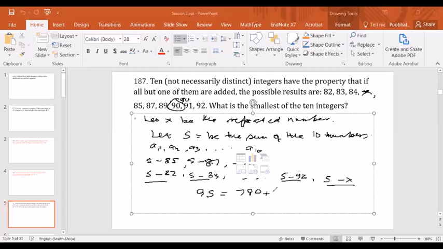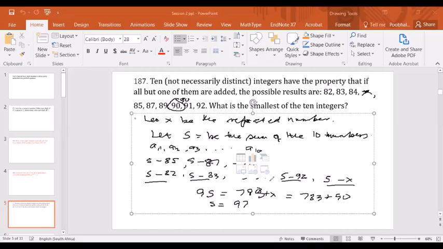I think that's what we had earlier on. And now x is 90. We found out what x was. So now S can be calculated, and you see that S is 97. So the sum of the original numbers is 97.